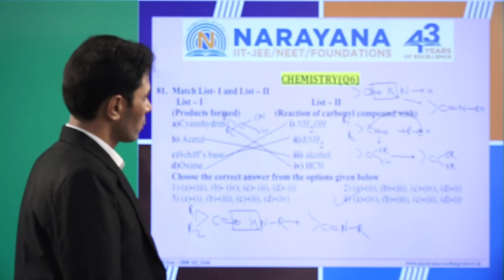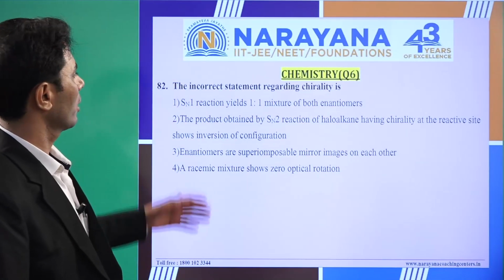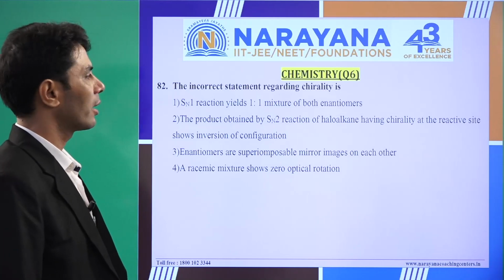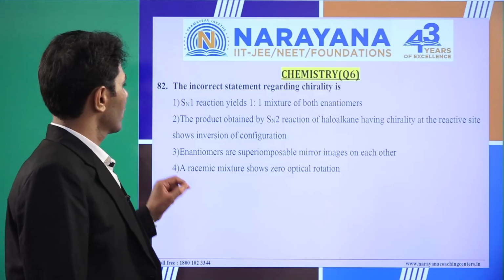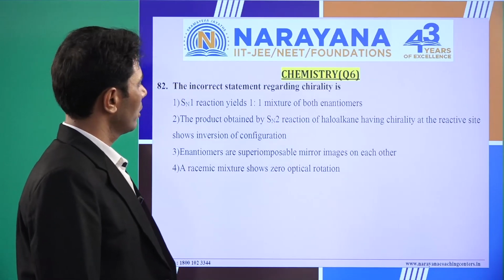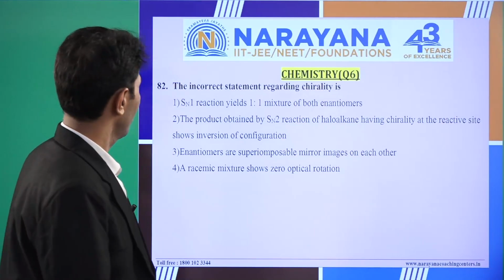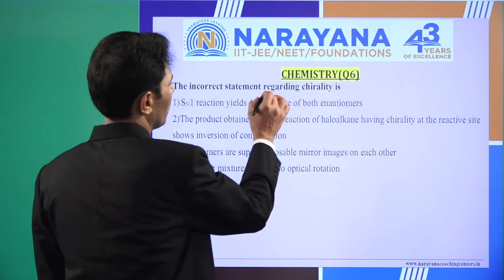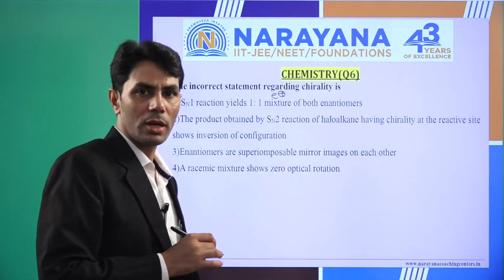Okay. So next one, that is the incorrect statement regarding the chirality of carbon. It's a good question. SN1 reaction gives a 1:1 mixture of both enantiomers. Actually in SN1 we know the mechanism passes through carbocation.